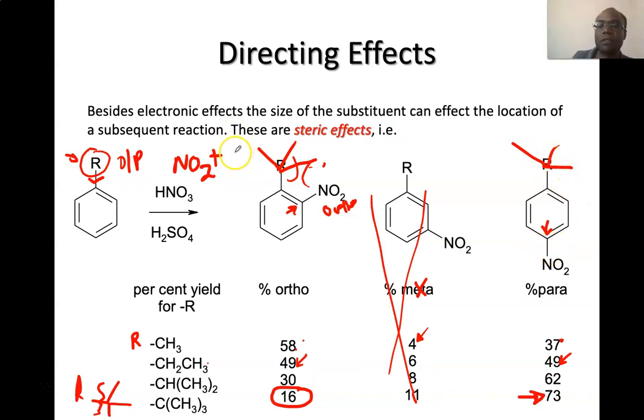So as much as we are looking at directing effects, one wants to look at crowding or rather steric effects. If the group is big and you are expecting ortho-para, the para will win. If the group is small and you're expecting ortho-para, the ortho will win.